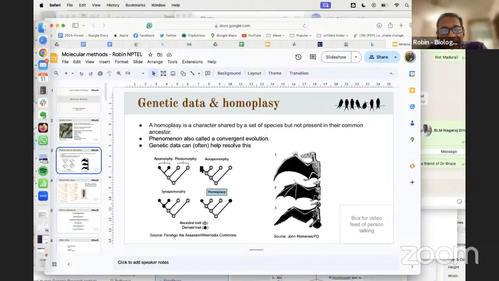And autapomorphy is when there is basically apomorphy, but that's only in one taxa. So yeah, and this here is homoplasy, the example that I was showing.